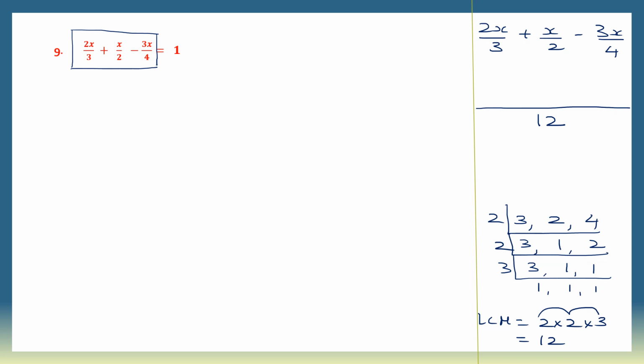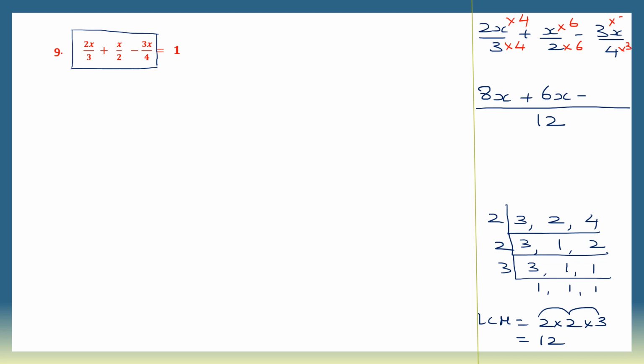Now let's begin. 3 4s are 12, so multiply this also by 4. So multiply the numbers. 2 4s are 8 and then x plus. Let's go to the next denominator. 2 into 6 is 12. So multiply x into 6. X into 6 is simply 6x minus the last denominator. 4 3s are 12.